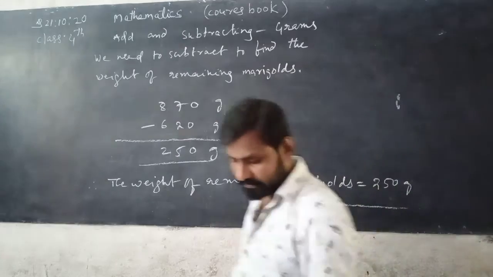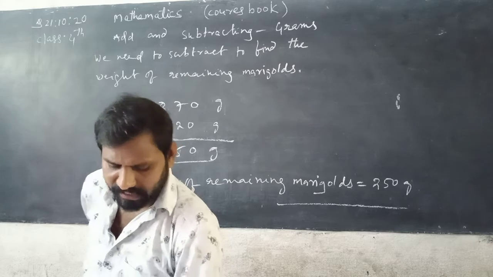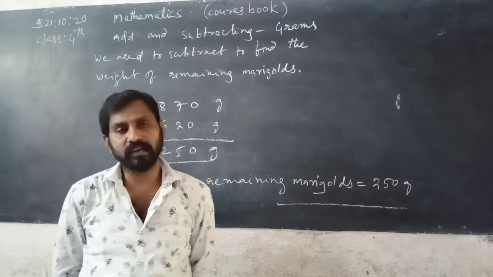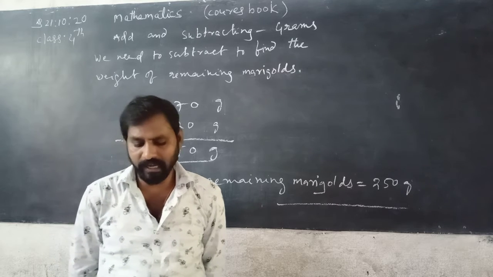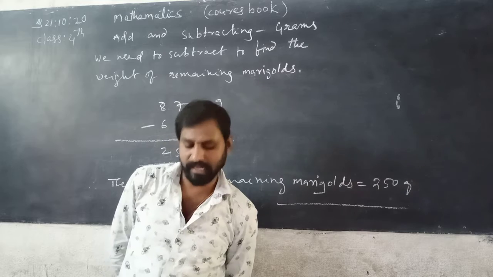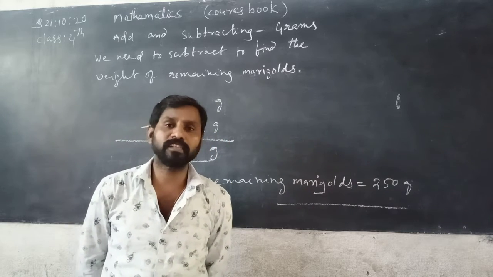Now next, addition and subtraction in kilograms, grams and milligrams. See here, 1 gram is equal to 1000 milligrams. 1 kg is equal to 1000 grams.